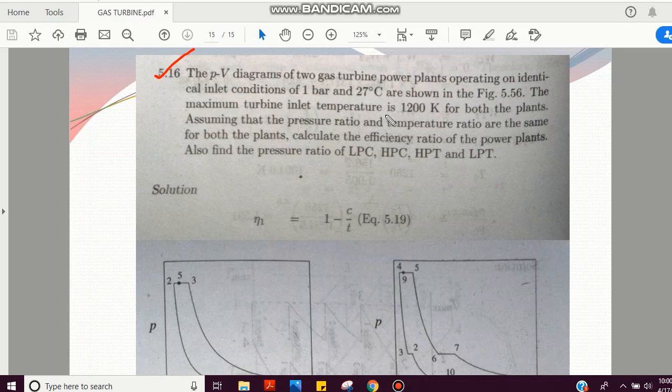The maximum turbine inlet temperature is 1200 Kelvin for both the plants. Assuming that the pressure ratio and the temperature ratio are the same for both plants, calculate the efficiency ratio of the power plants. Also find the pressure ratio of low pressure compressor, high pressure turbine, and the low pressure turbine.